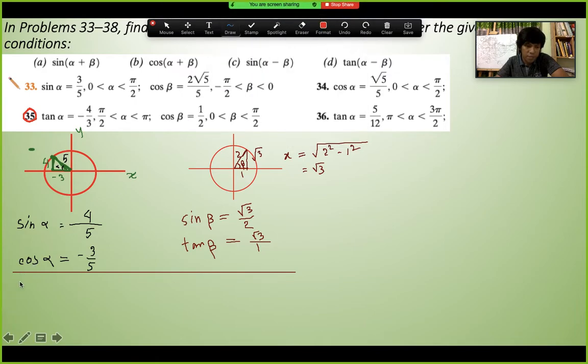Sine alpha plus beta. So first math is sine alpha plus beta equals to, we have our formula, sine alpha plus beta equals to sine alpha cos beta plus cos alpha sine beta.